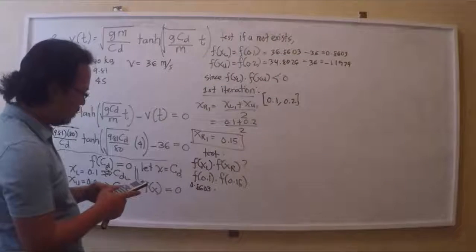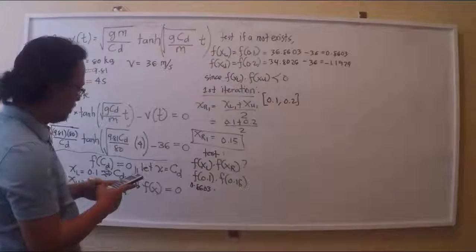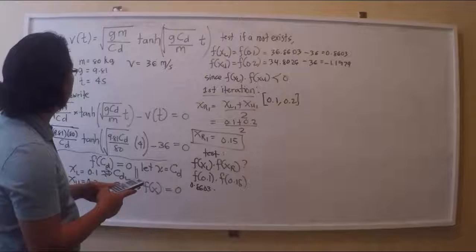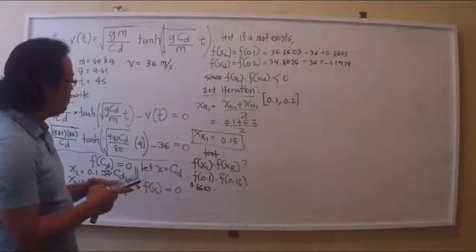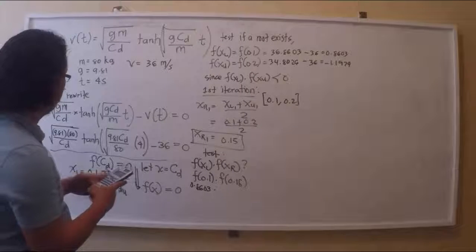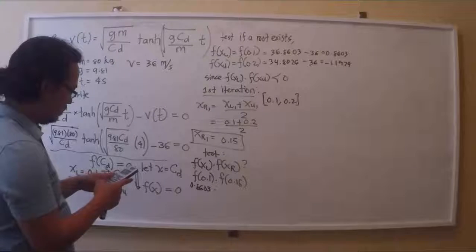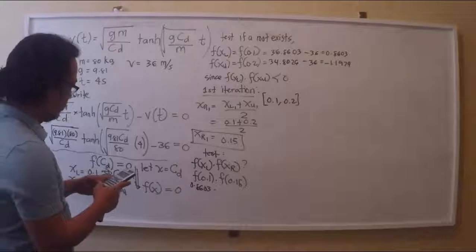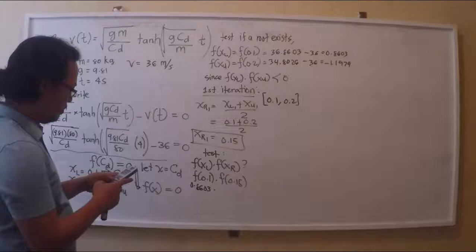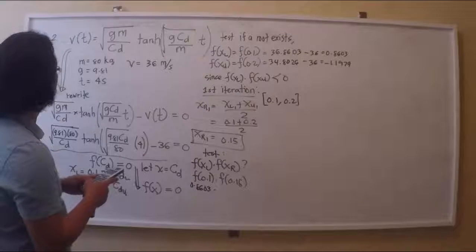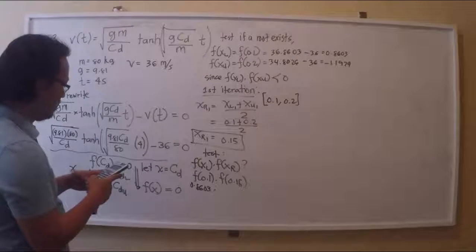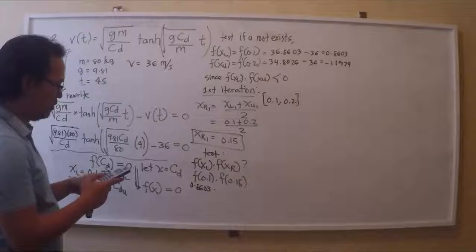We have 9.81 times 0.15 divided by m, which is 80, then square root, times 4, then hyperbolic tangent of this, okay, times square root of 9.81 times mass, which is 80, divided by 0.15.